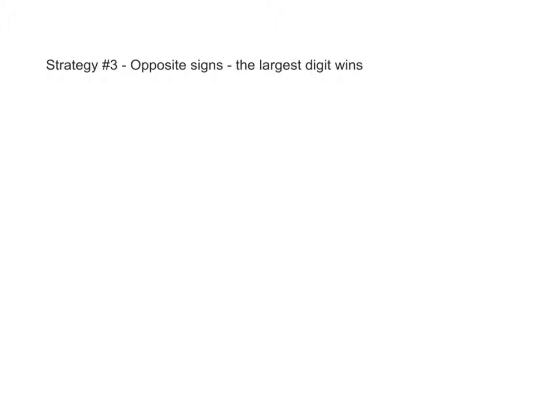Let's try strategy number 3. Let's say, for example, I've got negative 36 plus positive 31. So negative 36 plus positive 31. This is what I do. When you have opposite signs, your zero principle is actually going to take place.